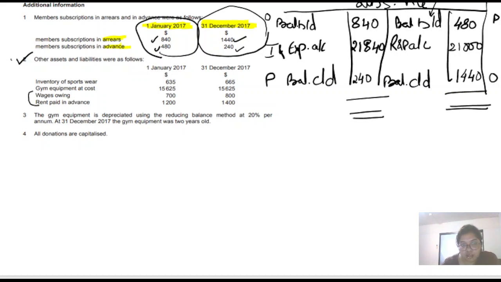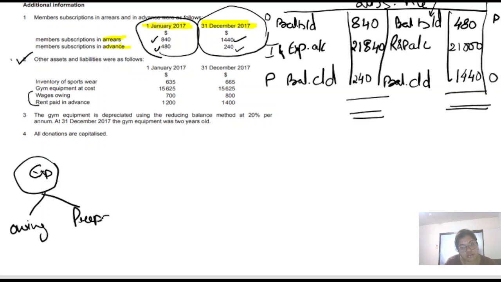Now what you have to do, first listen to me very, very carefully. Whatever expense you have, your expense may be owing or maybe prepaid. Okay, and owing also has an opening value as well as a closing value.